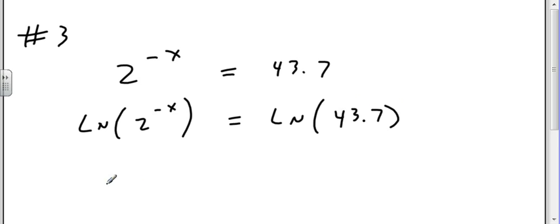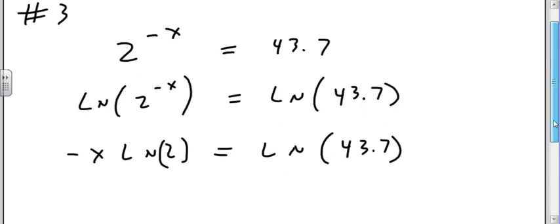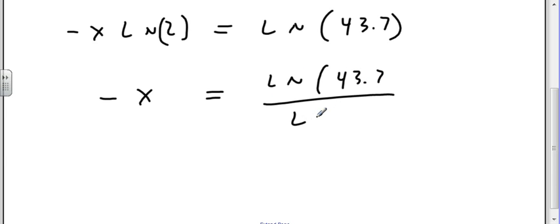You could take common log, and then I'd have minus x natural log 2 is equal to natural log 43.7. Minus x is natural log 43.7 divided by natural log 2. X is going to be minus whatever that answer is.